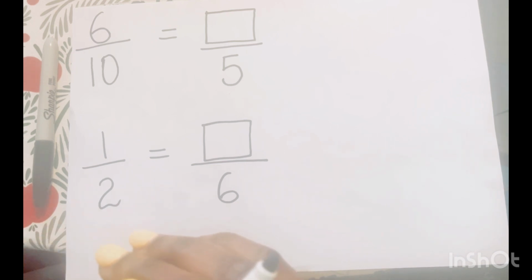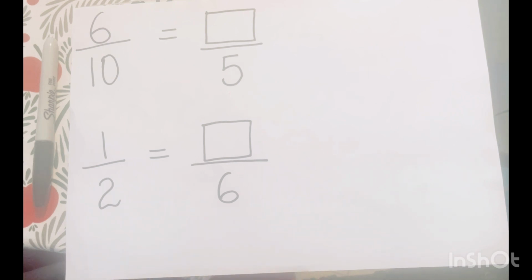We don't know what the box is. However, we do know that the denominator of this fraction is 6, and that we're starting with half. So we ask ourselves, for half, the denominator, which is 2, how many times can I get 2 out of 6?